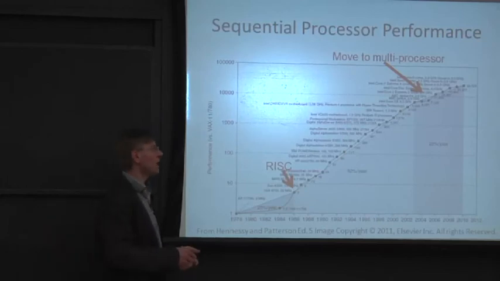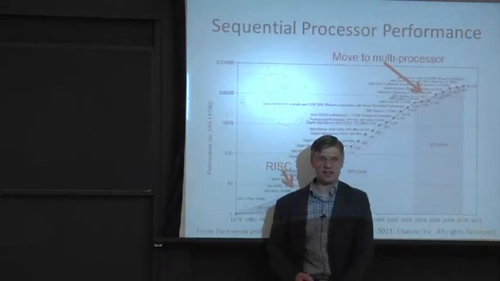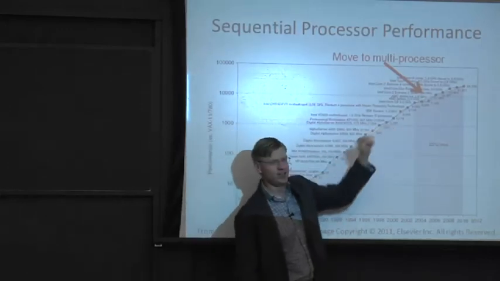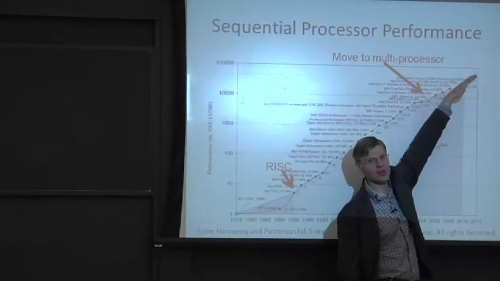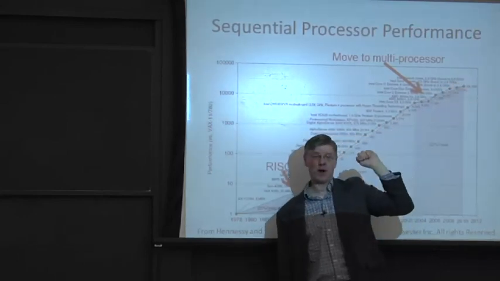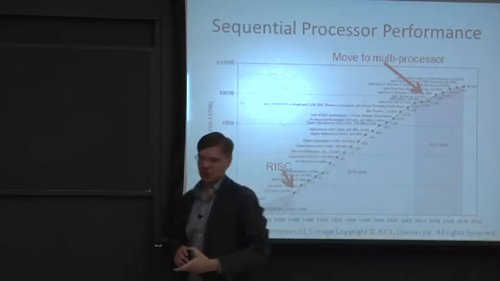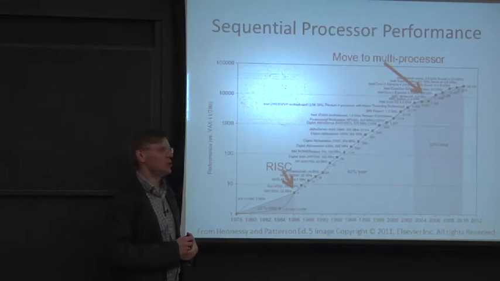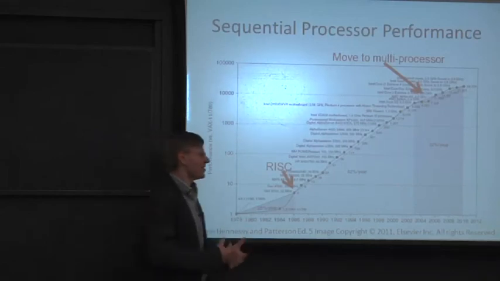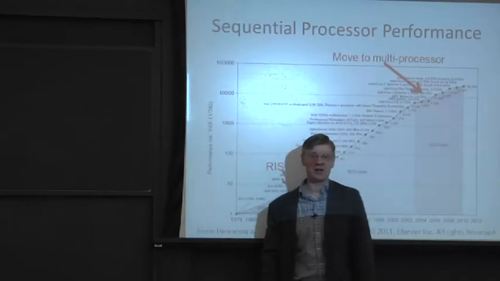What happened is we had a move to multi-core processors, or multiple cores on a single chip. The hope is that this graph will continue on with multiple cores if we can figure out how to effectively parallelize our programs, versus our sequential performance tapering off. It would be very harmful to computer architecture and the computing industry if all of a sudden our computers stopped getting faster. No one would be buying new computer chips.